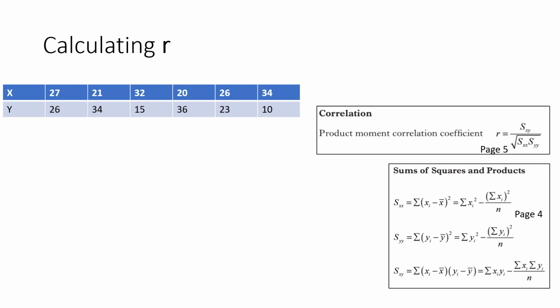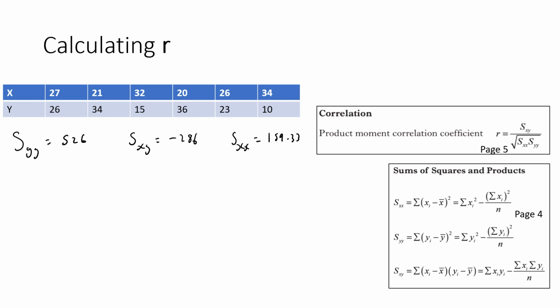So Syy is equal to 526. Sxy is equal to -286. And Sxx is equal to 159.33.